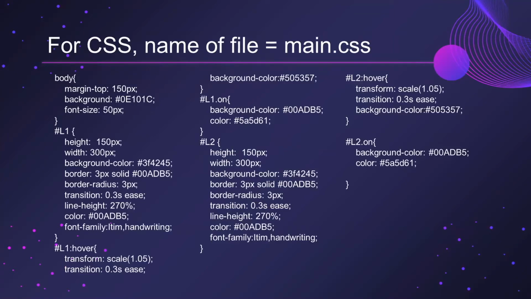The write function also uses something very similar, where L1 is present, and L1.on is present, then L2 is present, and L2.on is present. Now, what is this colon hover? If you move your mouse to the buttons, you'll see that they scale up, right? The size increases. I've used transform and transition for doing that.